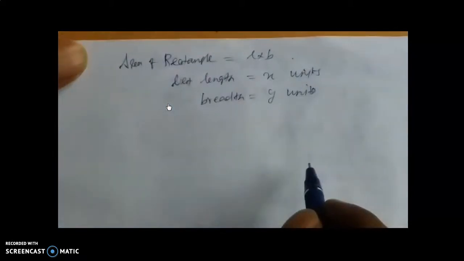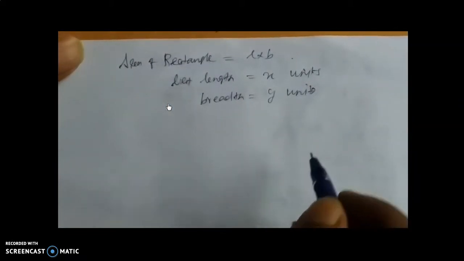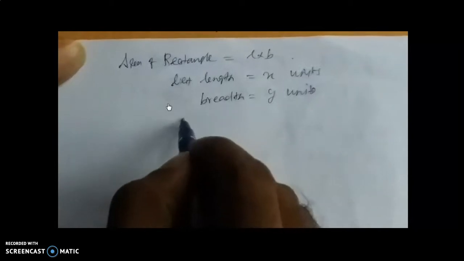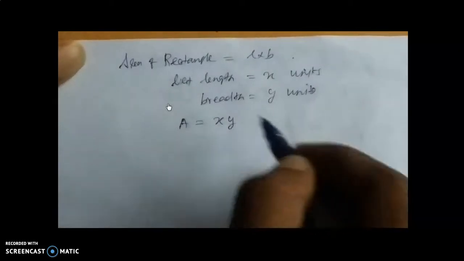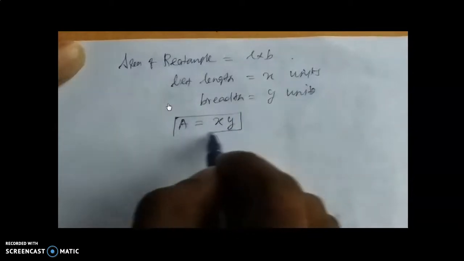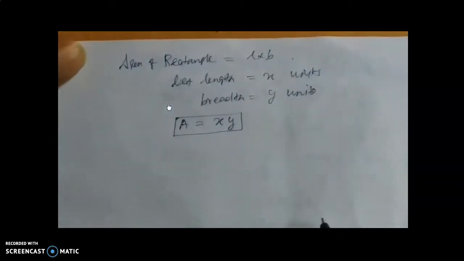So x and y are the two variables now: x stands for length and y stands for breadth. Now area A equal to length into breadth, therefore x into y. So area equal to xy square units, right? In the first information, the area gets reduced by 9 square units.